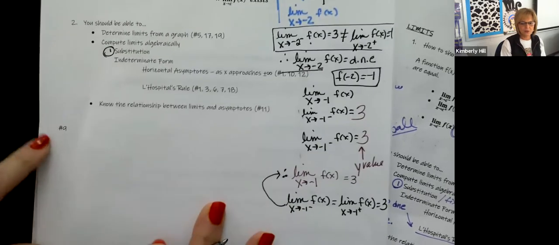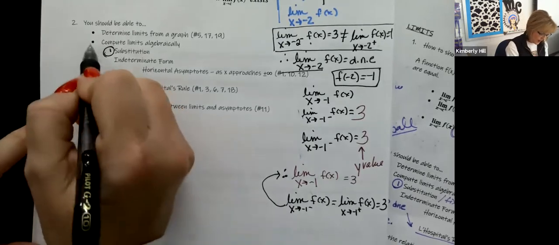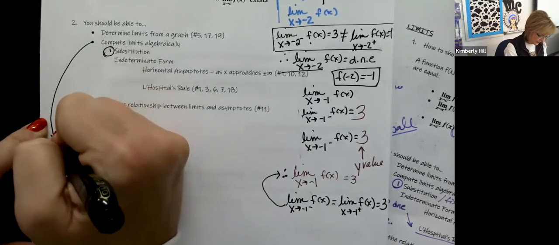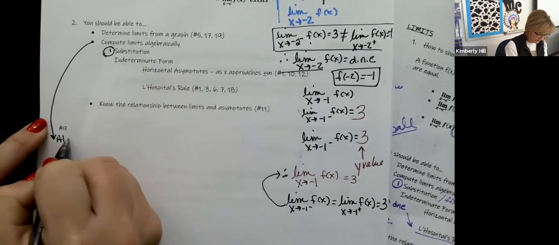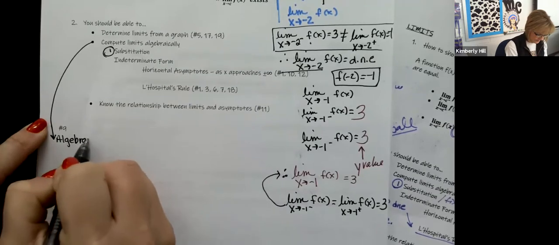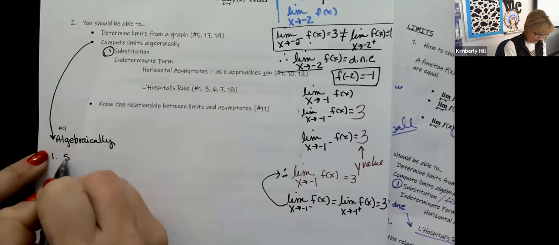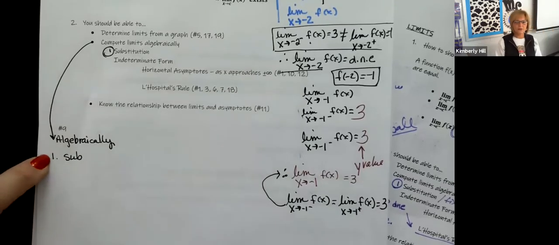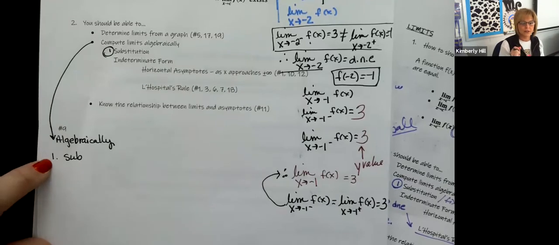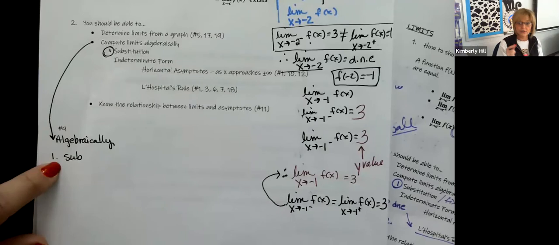If we are computing limits algebraically, you're going to sub in first every single time, and you're going to pray to the math gods that somehow you got a number and you don't have to do any more work. But sometimes there's work to do.